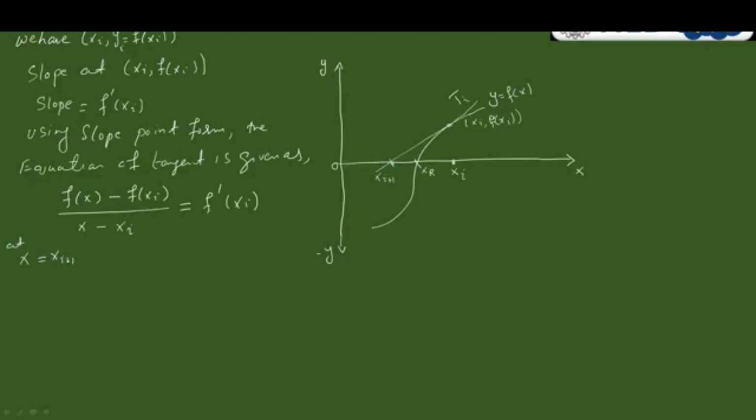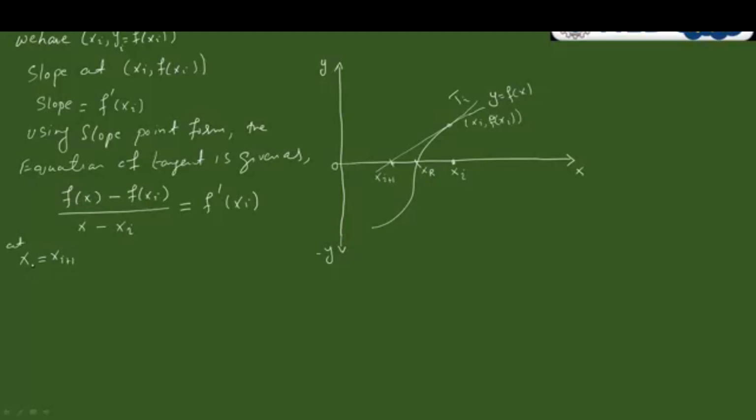If it is an intercept, then we are claiming that this point is a root of the equation. So this part must go to 0, because this is the definition of the root. If you are claiming it to be a root, then f of x must be 0 at that point.